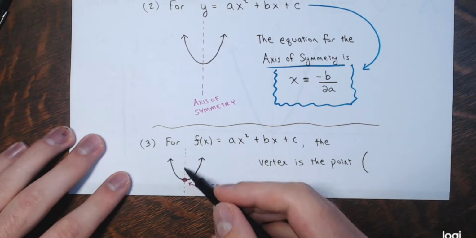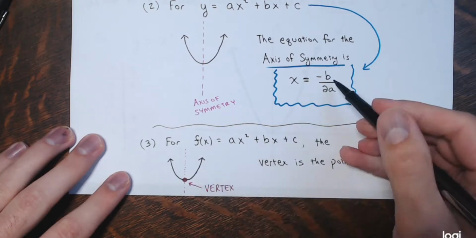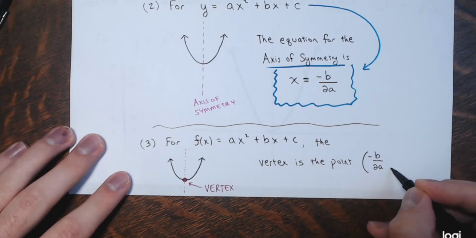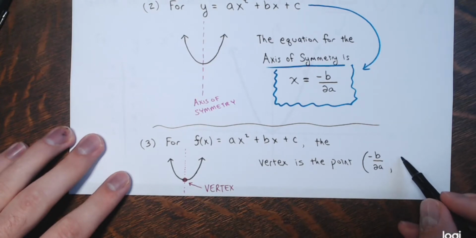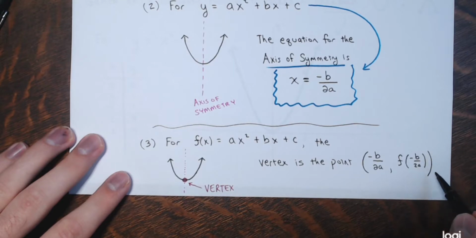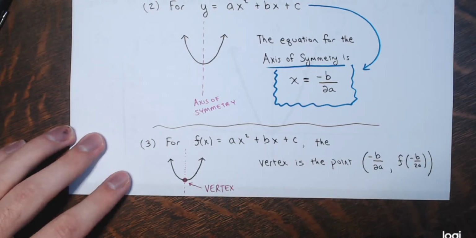Because it's on the axis of symmetry, the x coordinate is negative b over 2a, whatever that point is. And then the y coordinate is f of negative b over 2a. So that's why I used function notation here, to make this a little easier to write. Because you just take negative b over 2a, the x coordinate, and plug it in to the function and get your y coordinate, get your output.